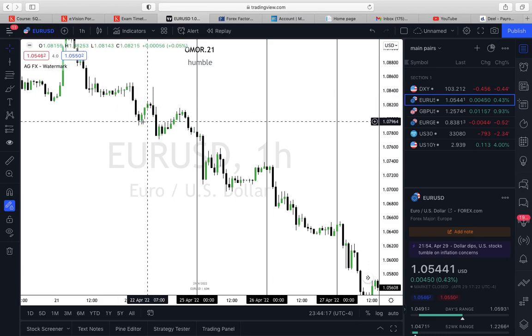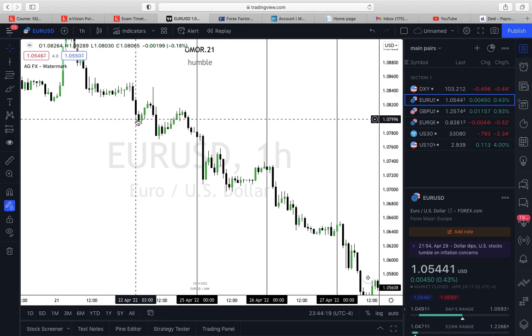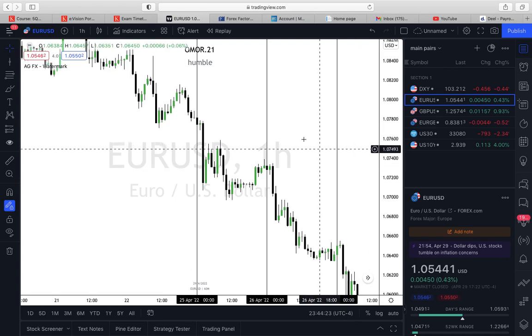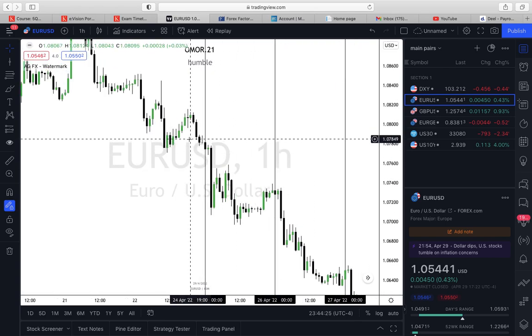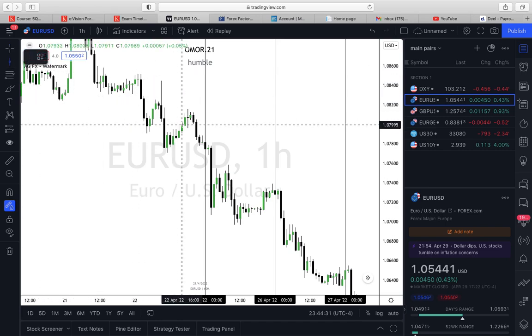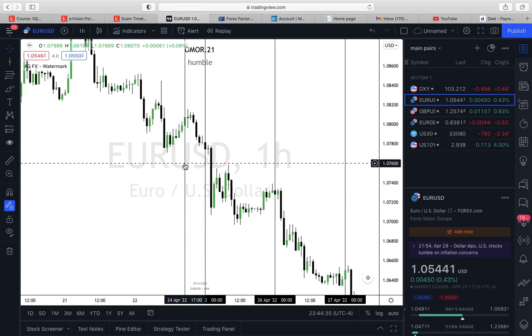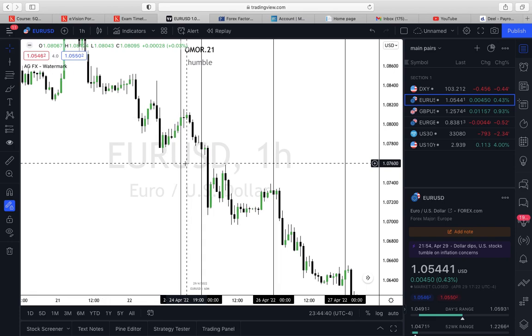I use this as an example, right? This price range needs to be mitigated, and you see how we're edging up higher. If I add Sunday's pricing as well, this was the market open for last week.